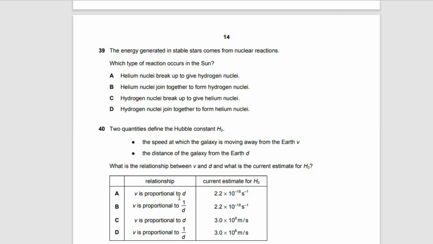So v and d is directly proportional, and the current estimate is about 2.2 into 10 to the power minus 18 per second. So the answer for 40 is A.